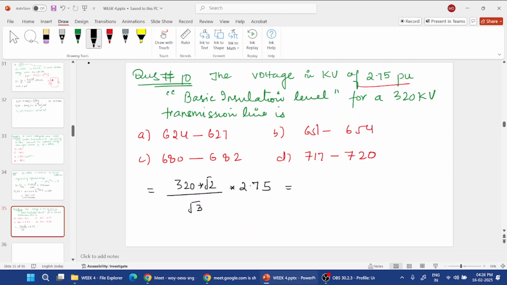If you multiply it, it's a basic thing, and it will come out to be 718.1517. It will be the correct answer, D.